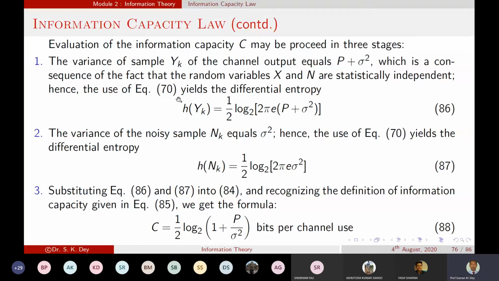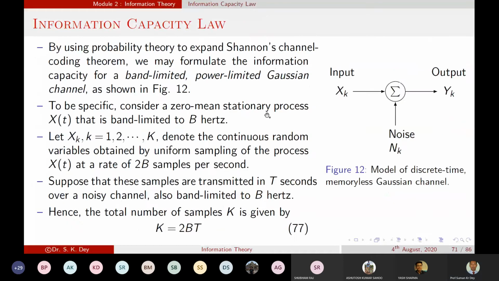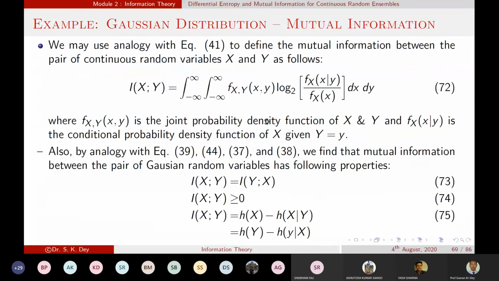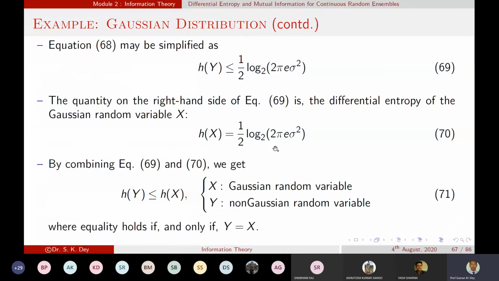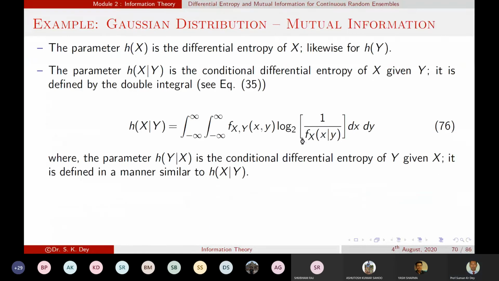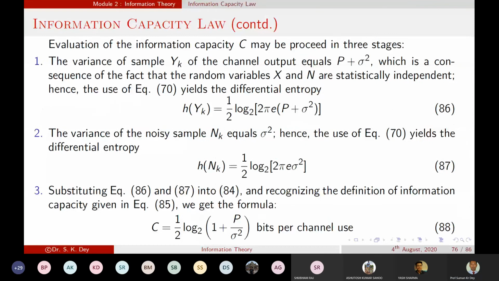So this is the variance of yk, and if we replace that value in this equation, sigma square is replaced by P plus sigma square, so we get that expression.